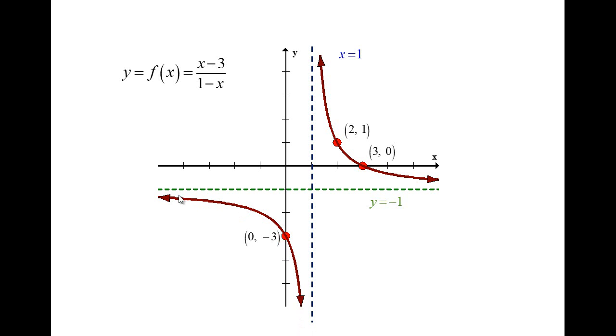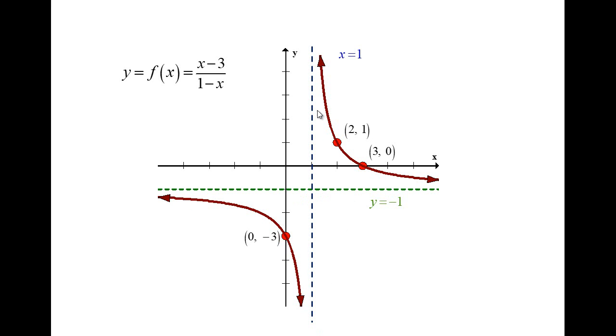It has a horizontal asymptote at negative 1, which means that as x goes to negative infinity, the graph is getting closer and closer to the horizontal asymptote right here. So this is what we get.